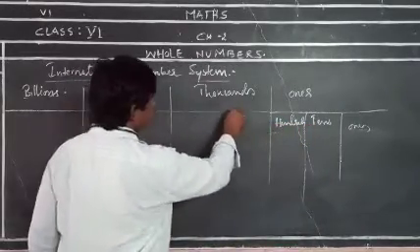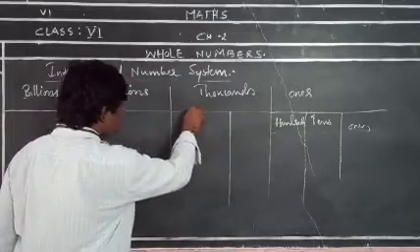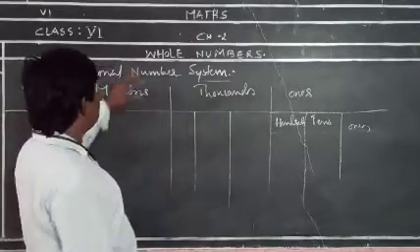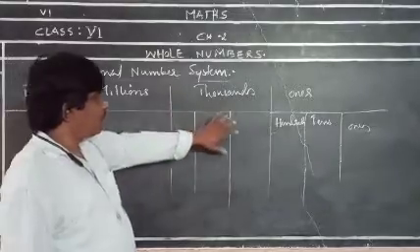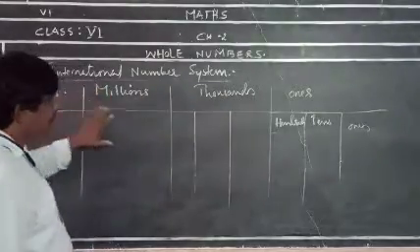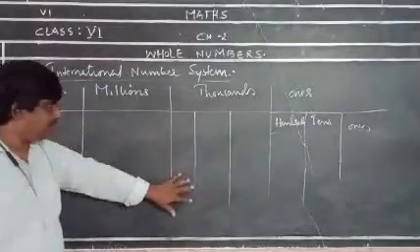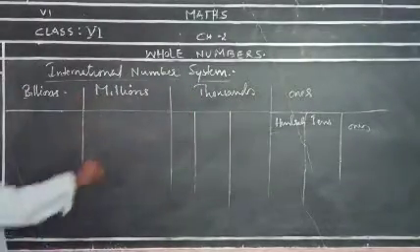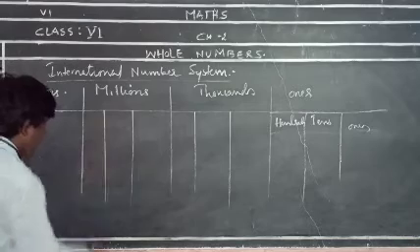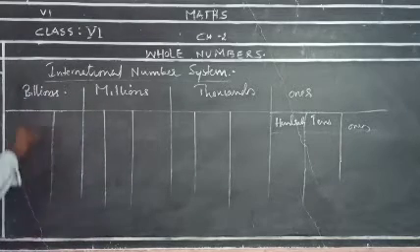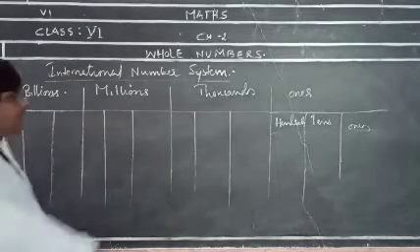Thousands also have 3 places. In the Indian system, thousands have 2 places, but in the international system, ones have 3 places, thousands have 3 place values, millions also have 3 place values, and billions also have 3 place values. What are the place values?